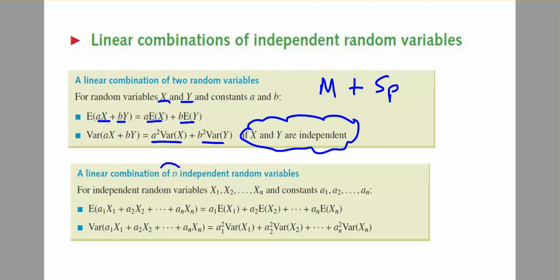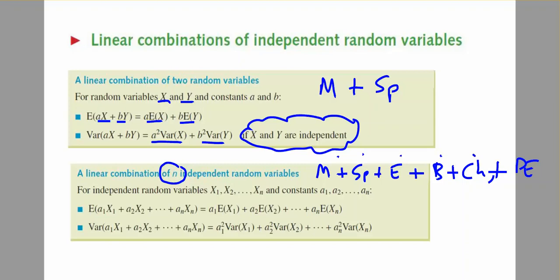And if I have a range of independent events, so I could do the maths homework plus the spec homework plus the English homework plus the biology homework plus the chemistry homework plus the PE homework, depending upon how many subjects you're doing. So you're adding 1, 2, 3, 4, 5, 6 subjects. Then the mean of them would be each of them separately added together, and the variance of them would be the multiplier squared times the variance of each of them separately. That's if they were independent events. Very important if they're independent events.